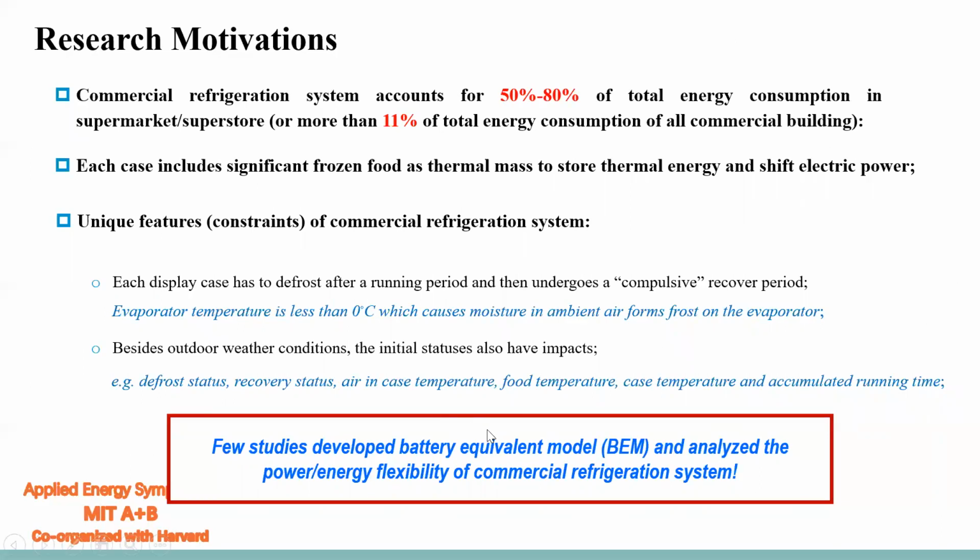In addition, compared with the traditional HVAC system, refrigeration systems have several unique features. For example, as I just explained, each display case has to go through a defrost cycle per day, and the initial status has quite a large impact on the power performance. But few studies develop a battery equivalent model and analyze the power and energy flexibility of such a system.